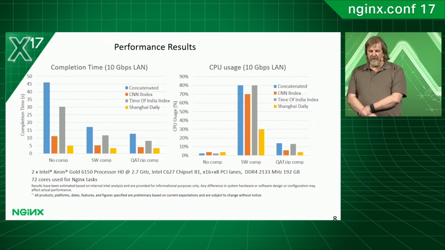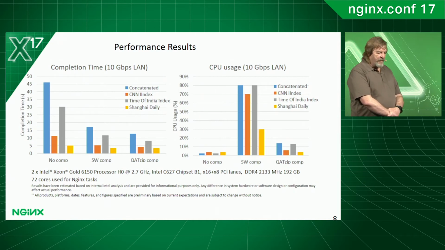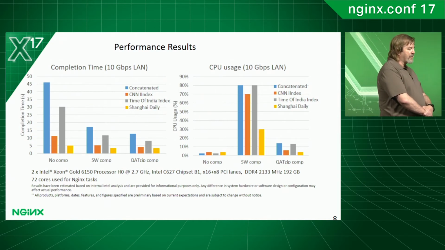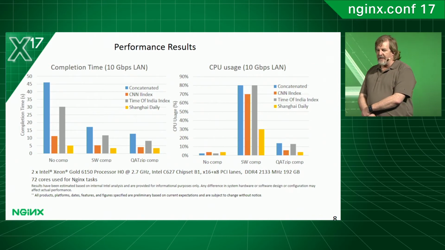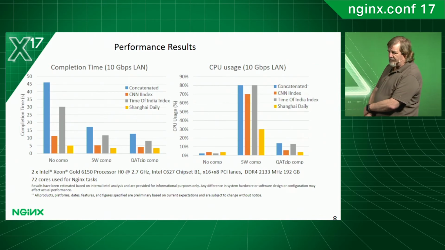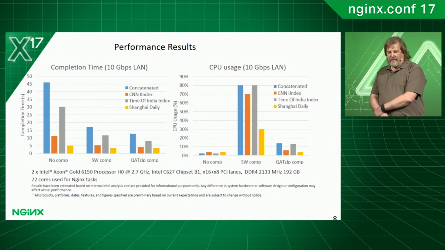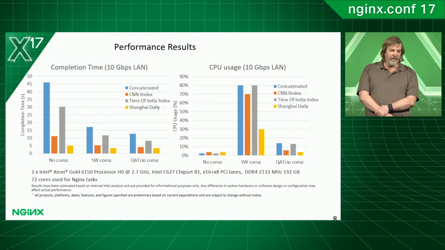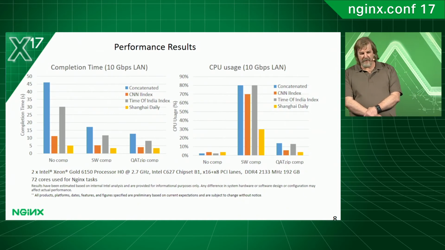You can see that the concatenated and the Times of India are a little bit higher, and that's because that was broken into 2 submissions to hardware, so we had to combine the CRCs. The other 2, the CNN and the Shanghai Daily, were submitted as a single request to the hardware. And so we see a corresponding lower level of CPU utilization.